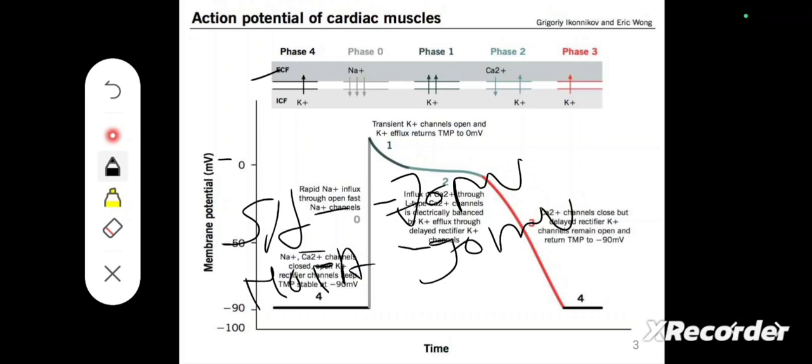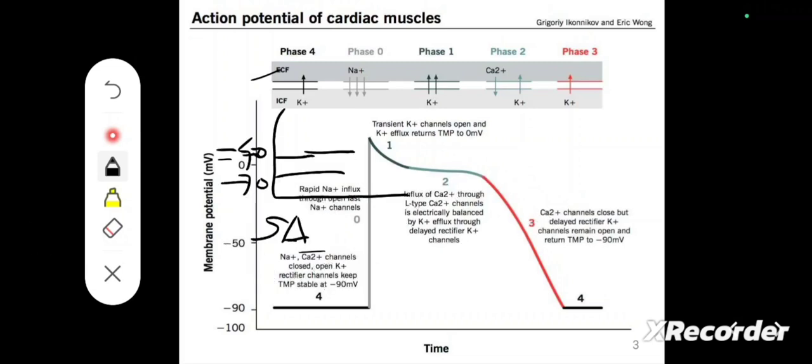So in a pacemaker cell, how does the action potential change and the impulse generate? Look at this graph, how the potential changes from negative to positive and is again restored to negative.